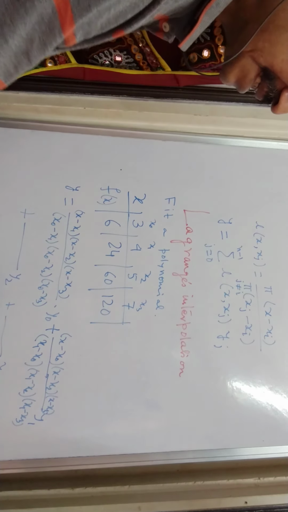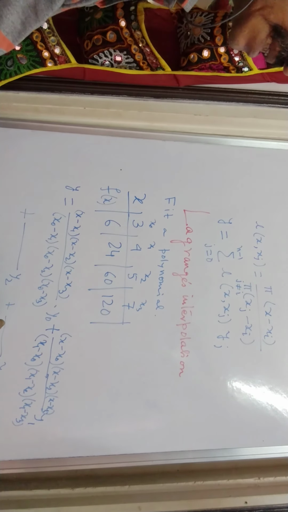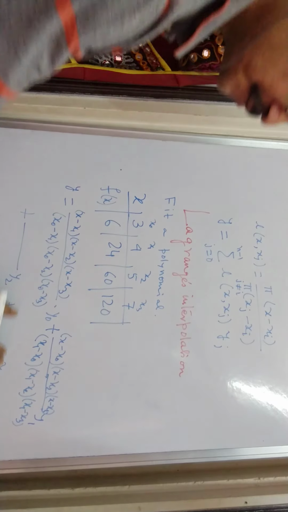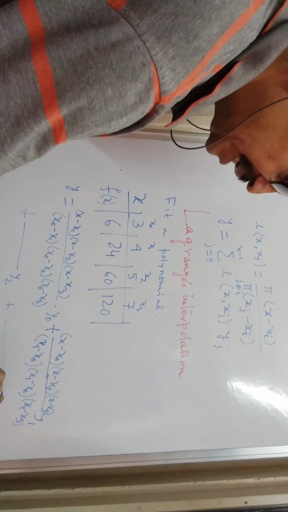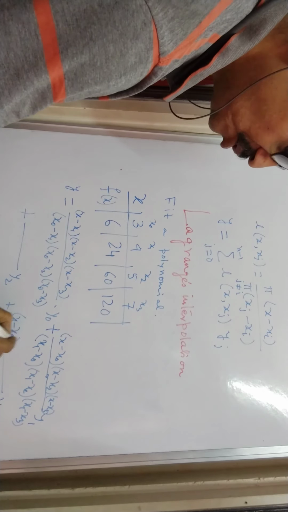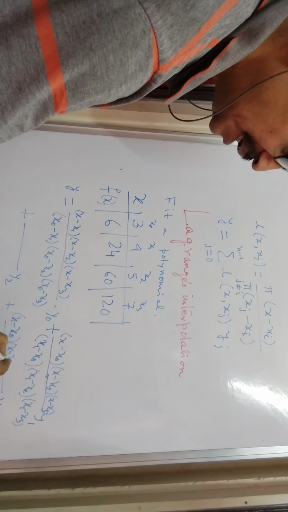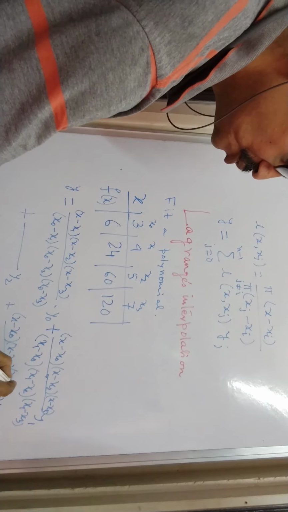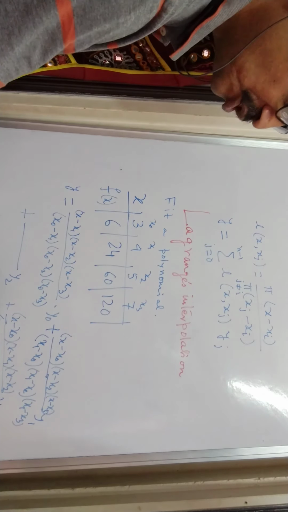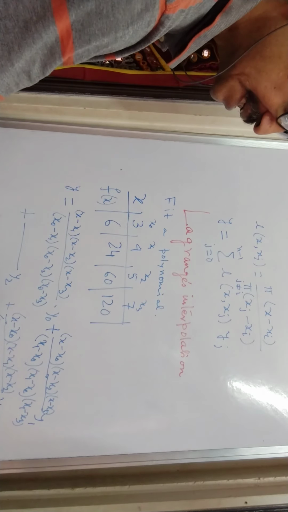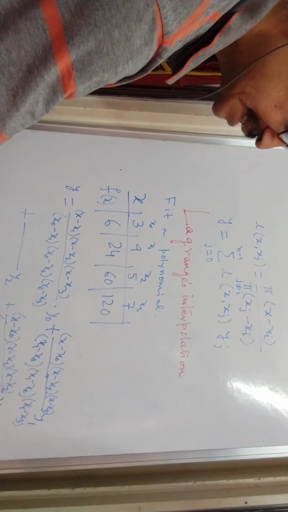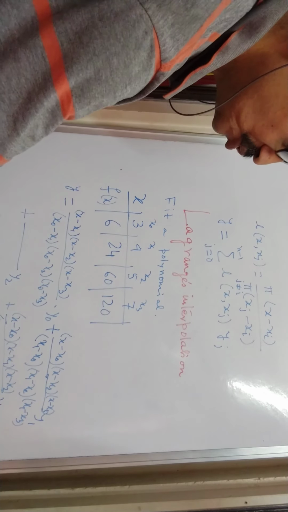In the last case, in the denominator we have x3 minus x0, x3 minus x1 and x3 minus x2, and in the numerator we have x minus x0, x minus x1 and x minus x2. So x3 is absent in the numerator.